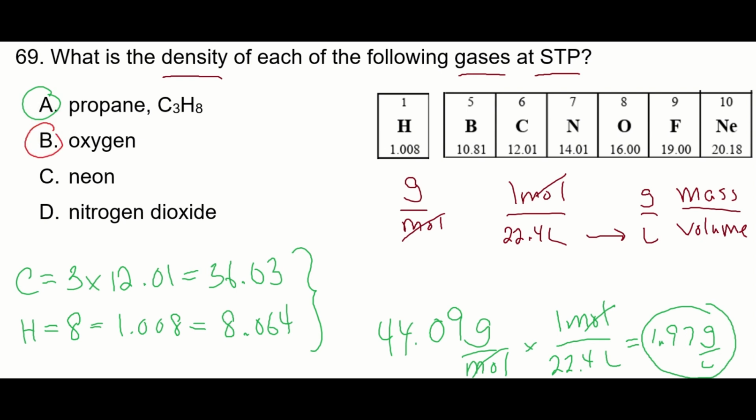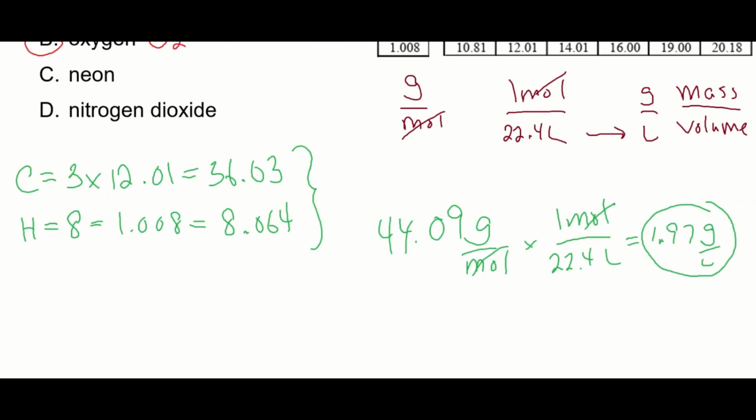Next, oxygen is a diatomic element, so the chemical formula for oxygen is O2. So we'll take the molar mass for oxygen, which is 16, and we have 2 of them. So that's going to give us 32 grams per mole, the molar mass for oxygen.